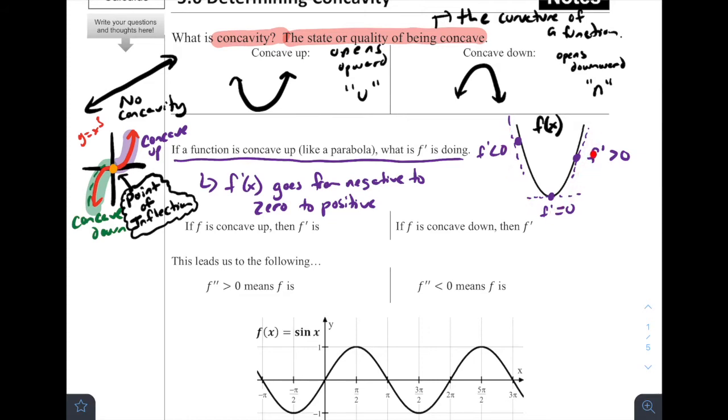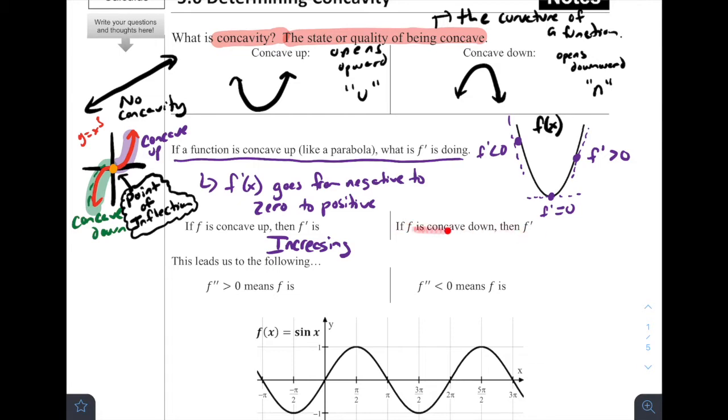So if f of x is concave up, then we can say that f prime of x is increasing. Because again, it was negative, then 0, then positive.